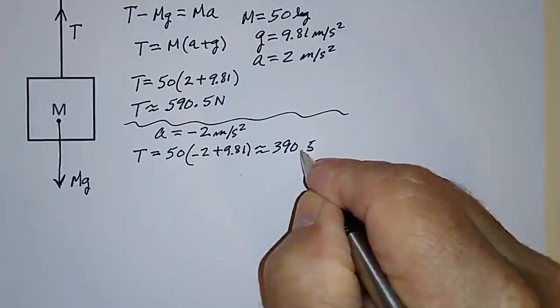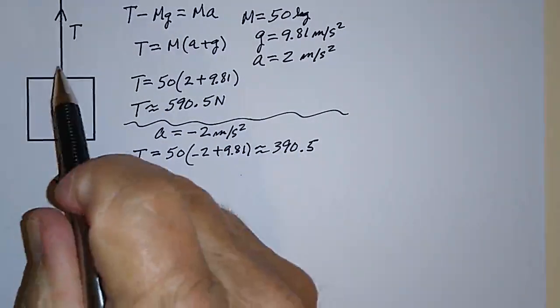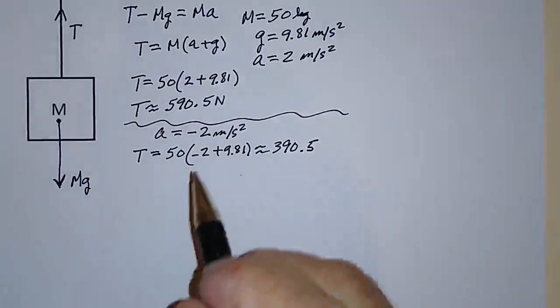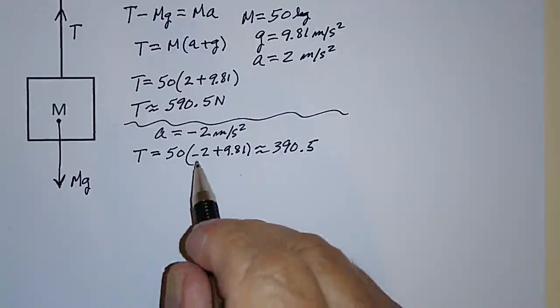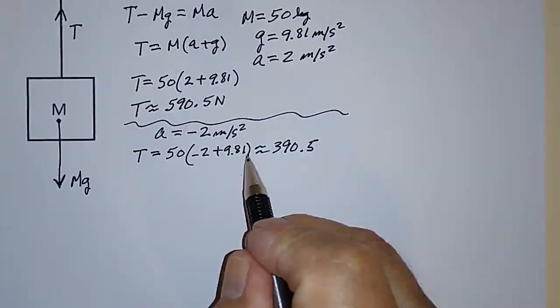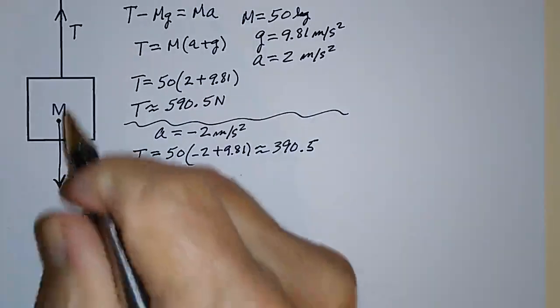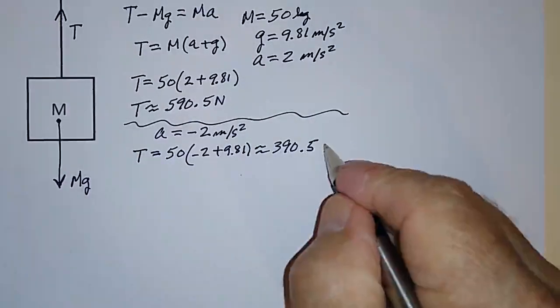Quite a bit less. So as you accelerate downward, the tension in the cord is less and less. Obviously, if you accelerate downward at 9.81 meters per second squared, this term is going to be 0, and the tension in the cord will be 0, in fact.